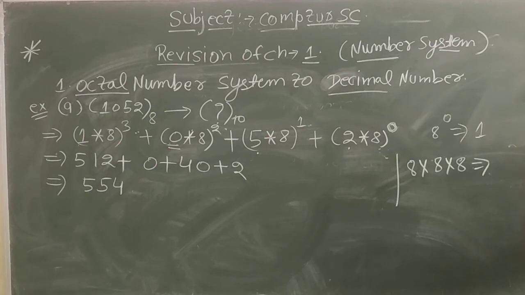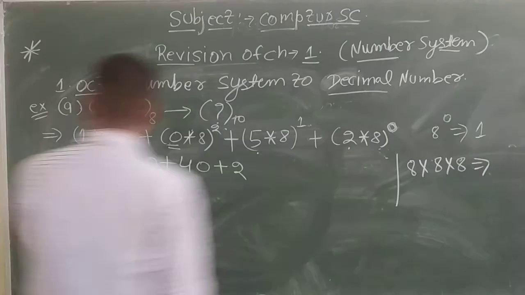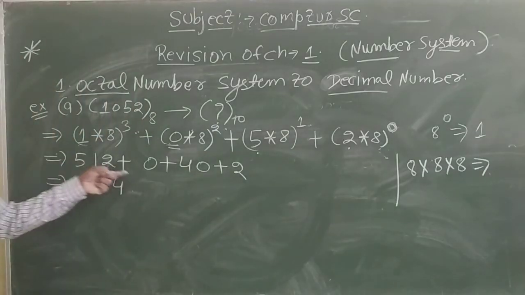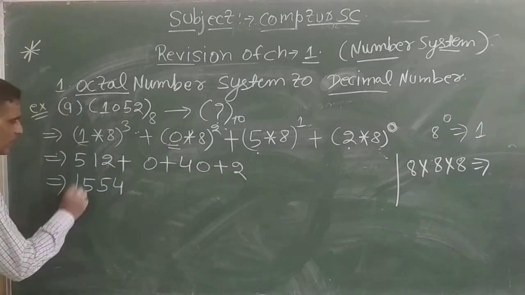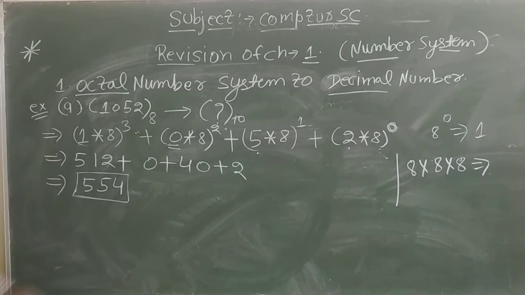We get 512. Okay. 512 plus 0 plus 40 plus 2, we get 554. But the number is not complete.